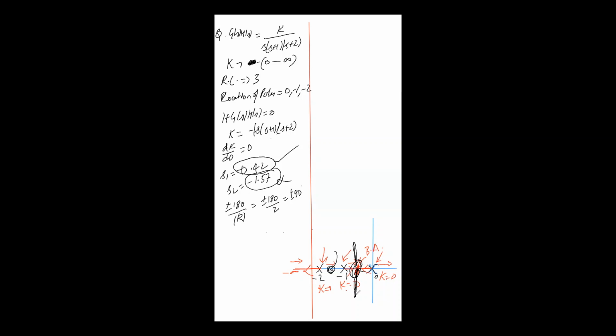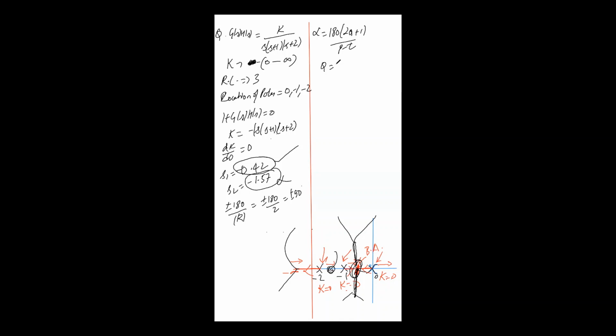Now you need to find out asymptotes, because you do not know how this branch will terminate at infinity. It can go like this, it can go like this, like this. So you need to calculate the angle of asymptote for that. Know its formula: it is 180 degree times (2q plus 1) upon p minus z.